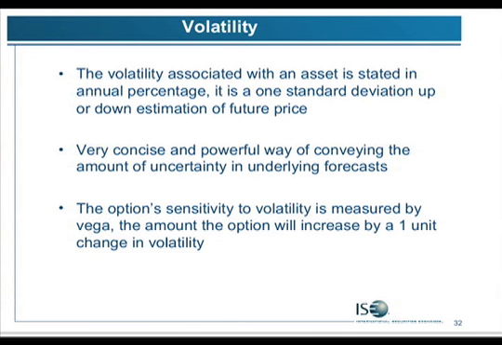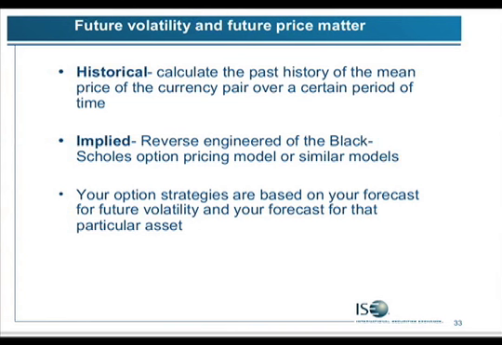Vega is the sensitivity to volatility, and its amount the option will increase or decrease by a 1 unit change in volatility. We can look at historical vol, implied vol. I tend to lean on implied more than historical. Historical tells me how much that exchange rate itself moved in the past.